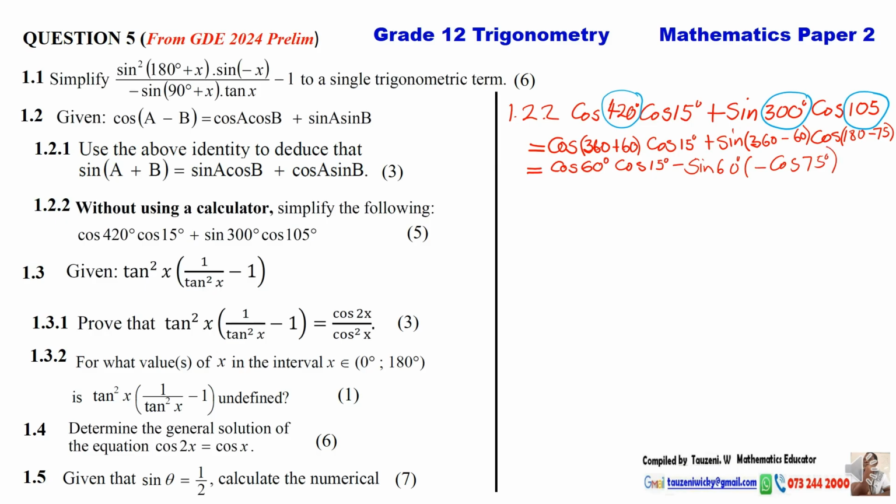That is my expression. So now I have a very nice expression here. The cos of 60 degrees, the cos of 15 degrees, then these two negatives make a positive, that is plus the sine of 60 degrees, then the cos of 75 degrees.